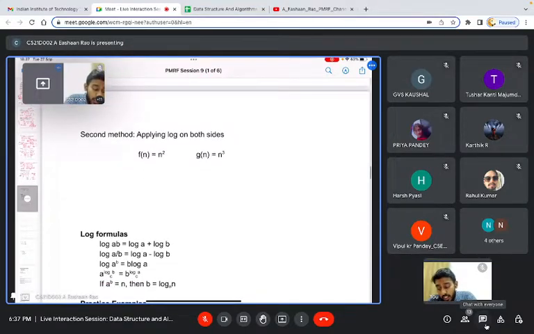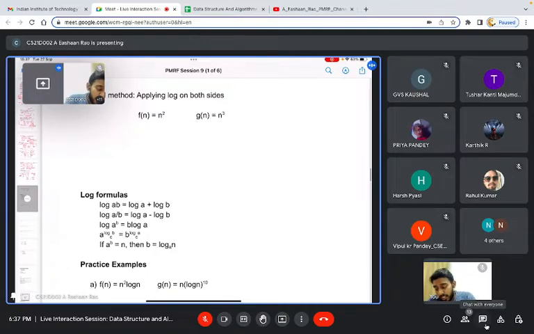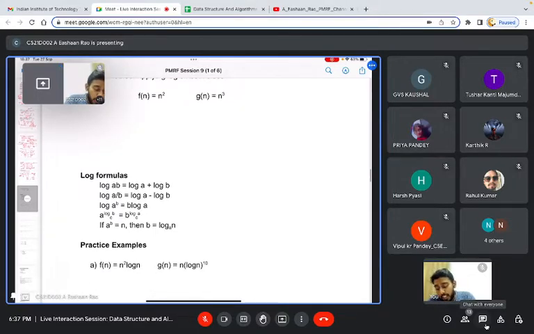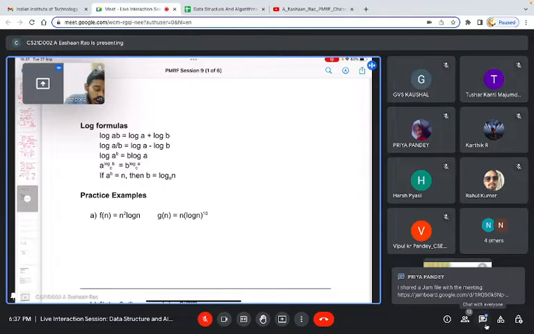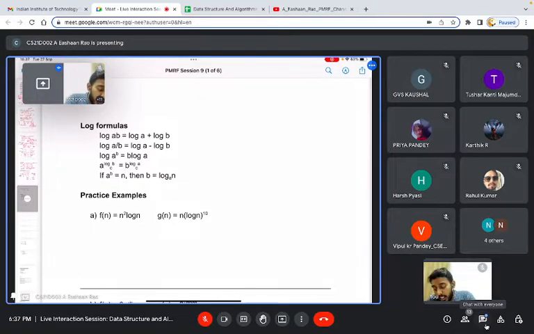The second way is basically applying log on both sides. Here are some log formulas that I'll briefly state, because we are going to use them on the functions. If we have log of a b, it is log a plus log b. So if you have log of a multiplied by b, we can expand it as log a plus log b.